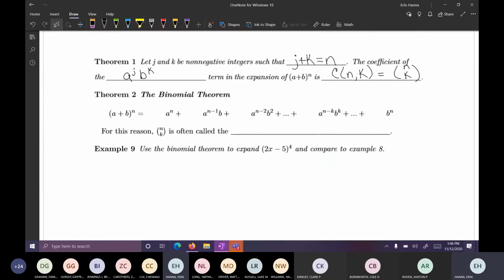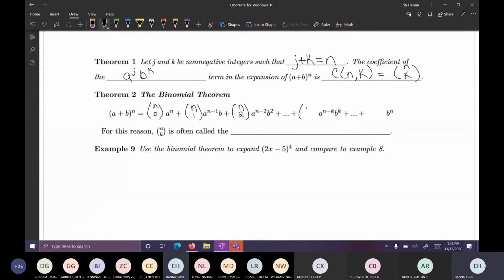So in general, the binomial theorem gives us that we can take any a plus b to the n and expand it out. We'd take a to the n, b to the 0, and then go downwards for the power of a and upwards for the power of b. And our coefficients are going to be n choose 0, n choose 1, n choose 2, the power of the second thing, all the way up to whenever you're done.